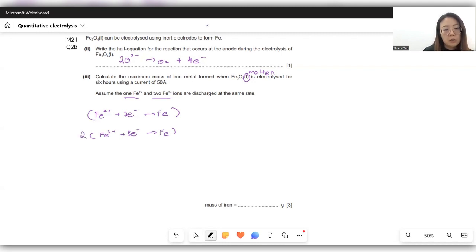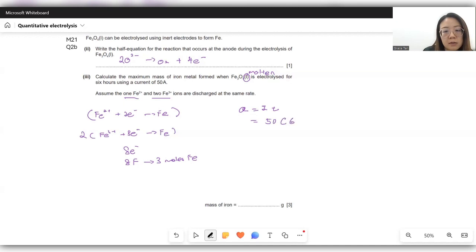So in total, how many electrons do you need? You need 2, then 3, and another 3. So in total, you require 8 electrons, which also means 8 Faraday, to deposit 3 moles of iron, because the second equation is multiplied by 2. Now, in your experiment, Q equals I times t, where I is your current, 50 ampere.